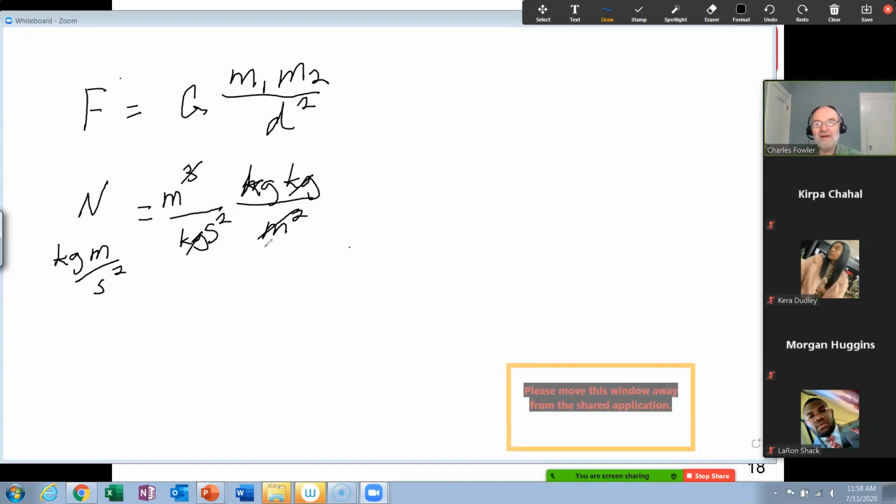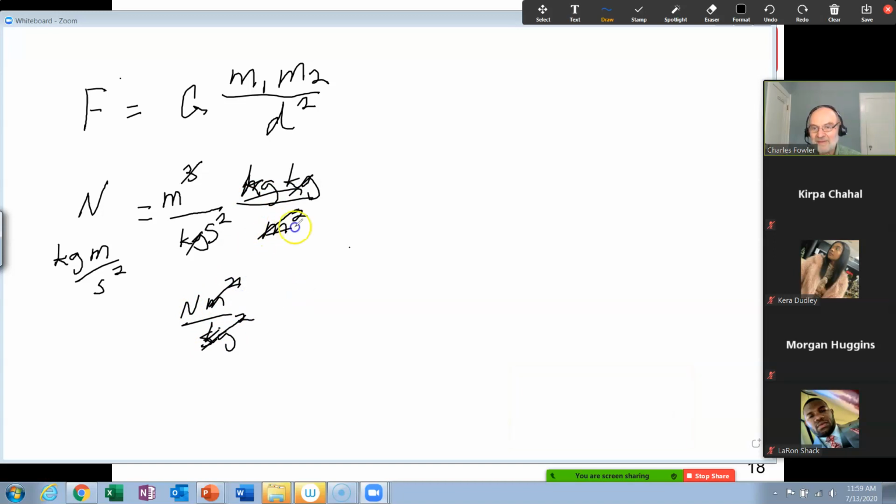Now most of the time I hear it called a newton meter squared per second squared. That, to me, is a lot easier to do. If you just called this a newton meter squared per kilogram squared, then when you multiply this by those two, these go out, and multiply this by that one, it goes out, and you're left with newtons on both sides.